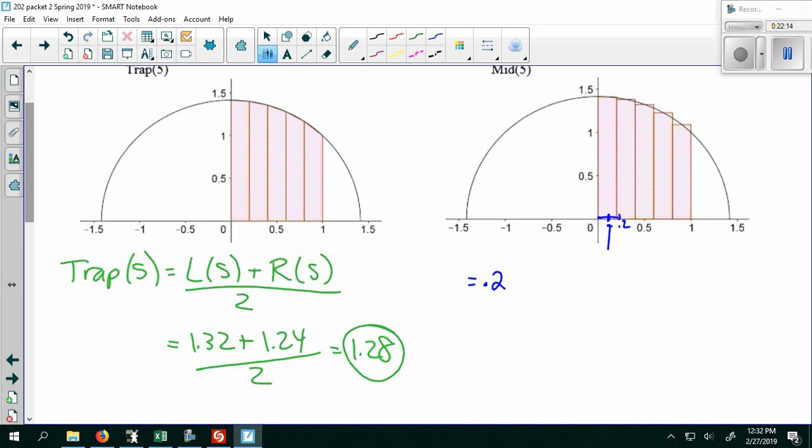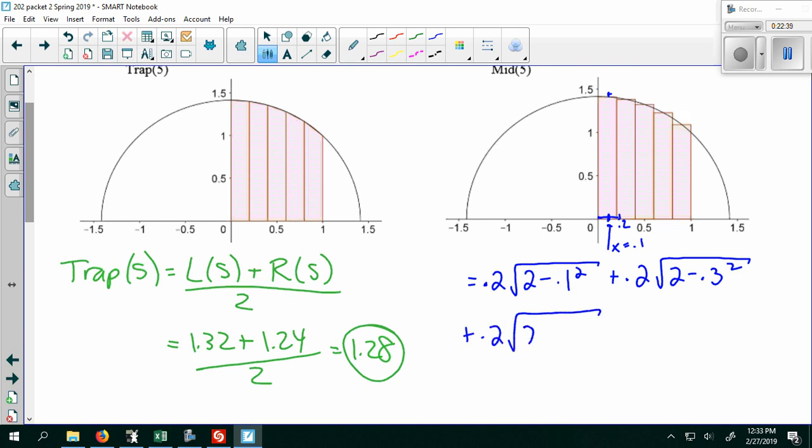So that value there is x equals 0.1. So I need to know the height of the function at 0.1, so I plug 0.1 into the formula. 2 minus 0.1 squared. Next rectangle, its base is 0.2, and its height is radical 2 minus 0.3 squared, plus 0.2 times radical 2 minus 0.5 squared.